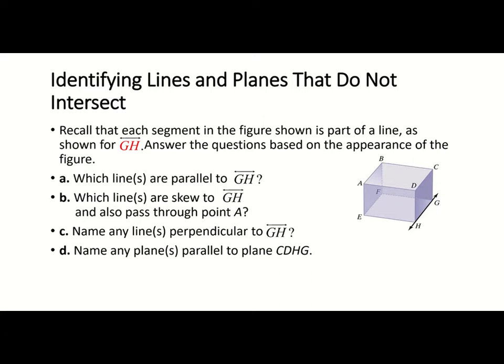So when I'm looking here, let me put my highlighter on here. Okay, parallel to GH. Well, line CD is parallel to GH. But then also, if we look following this plane right here, EF is parallel to GH.